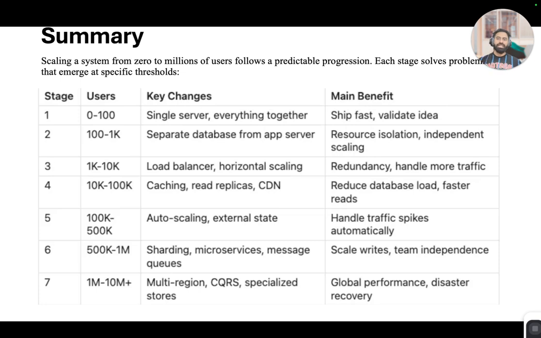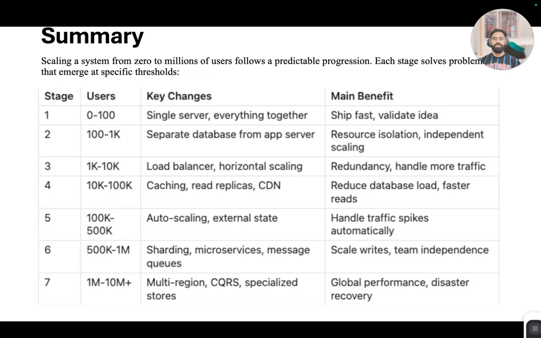So the summary is that if the users are 0 to 100, go with a single server, everything together. The benefit is you ship fast and validate the idea. When users are 100 to 1K, separate the database from the app server, which is called two-tier. And when your users are 1K to 10K, you can introduce a load balancer, horizontal scaling, and vertical scaling.